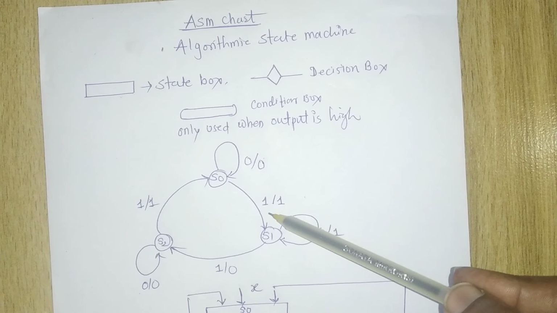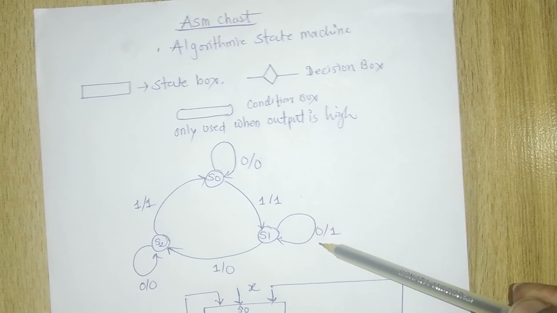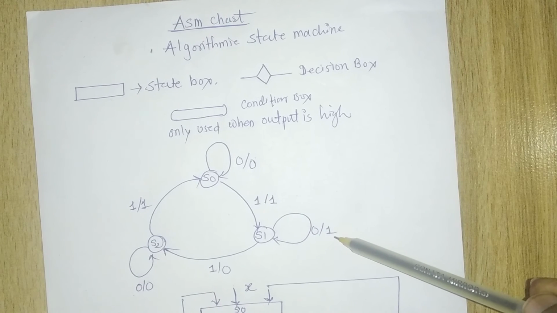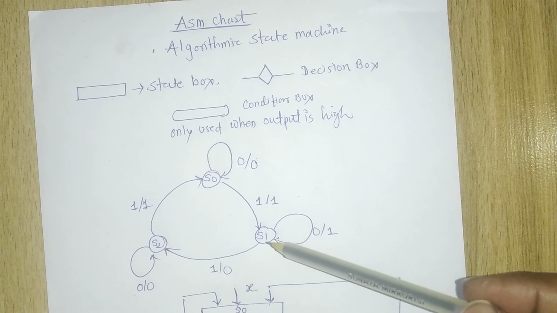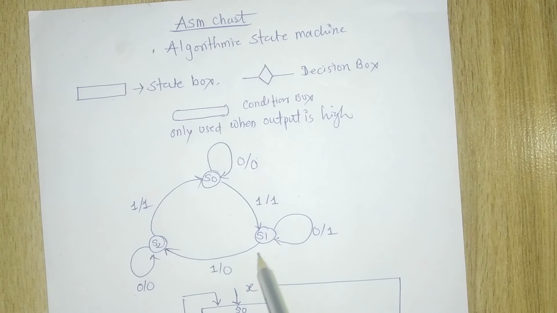If input is a 1, output is a 1. If input is 0, output is a 1. Now these are outputs of the respective input for the respective state. Now in this case S1, when you give input 1 to S1, then it changes the state to S2.